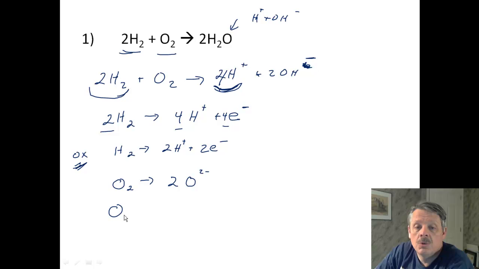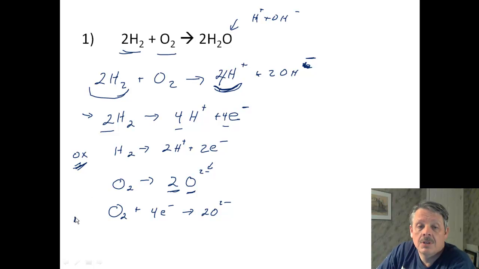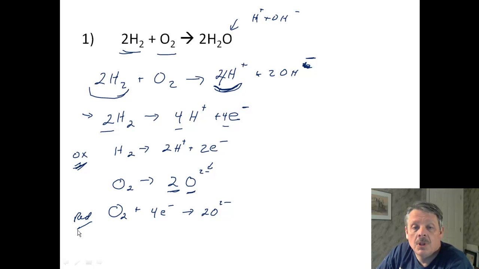Each oxygen has a 2 minus charge, so that's 2 electrons, but I've got 2 of them, so that's a total of 4 electrons gained. Just like up here we lost 4 electrons, down here we gained 4 electrons. This is our reduction half. You want to reduce these to their lowest whole number ratio, which I had to do with my oxidation half, but didn't have to worry about with my reduction half.